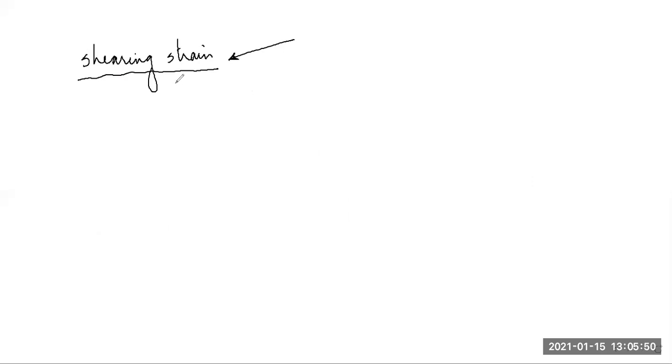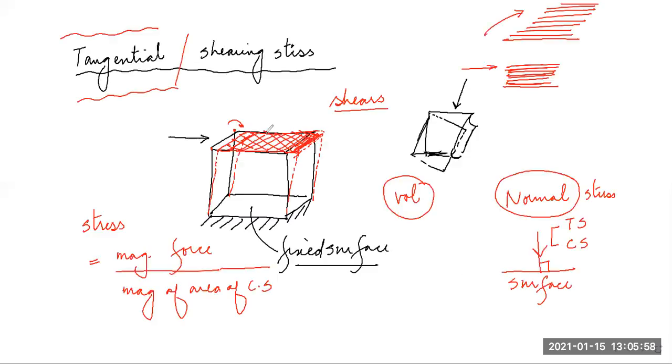Now we want to define this. So let's get back to the previous slide. So see students, here on the top surface, we had applied the force F. As a result of this, this top surface moved little bit towards the right side, right? As in this case of deck of cards.